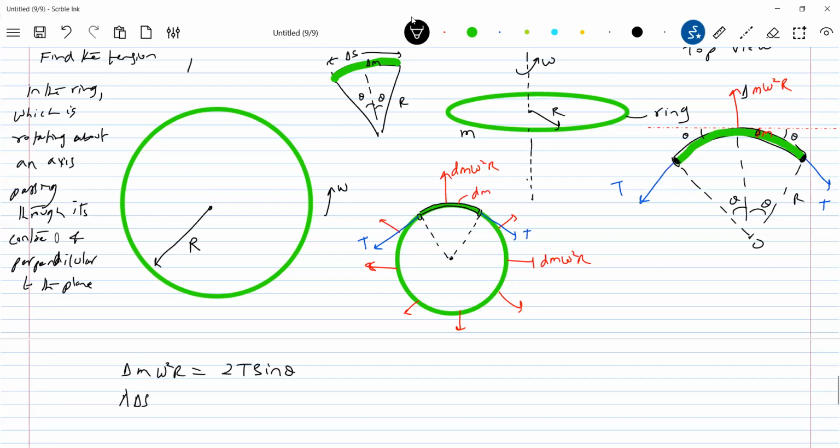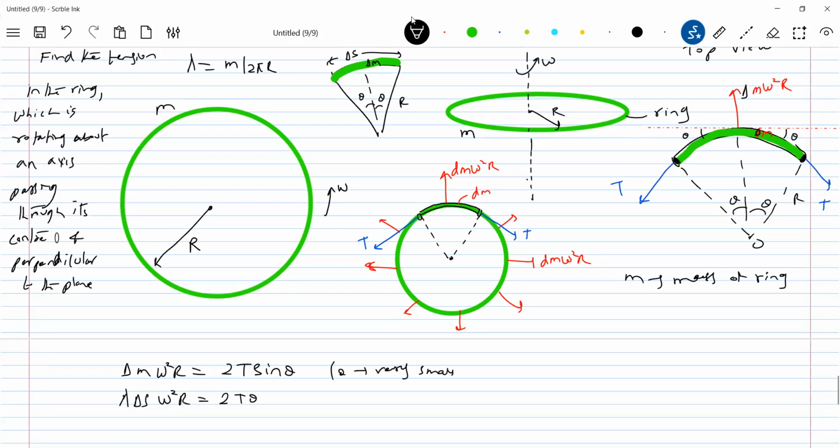What is lambda? You define it: M by 2 pi r, mass by circumference length. M is the total mass of the ring. So lambda into delta s omega square r. Theta will be very small. Why did you make it very small?